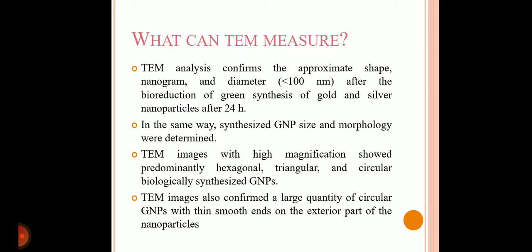TEM image with high magnification showed predominantly hexagonal, triangular, and circular biologically synthesized GNPs. TEM image also confirmed a large quantity of circular GNPs with thin smooth ends on the exterior part of the nanoparticles.